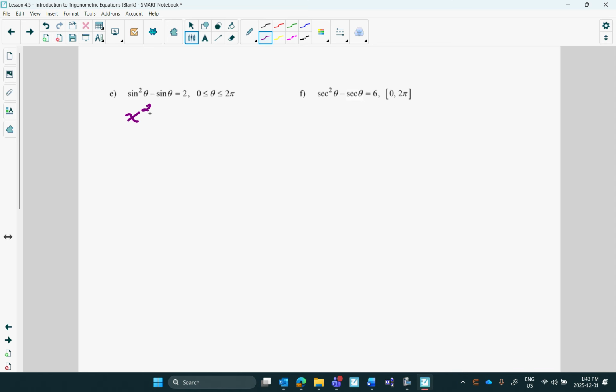Replace the sine theta with x squared. And I want you guys to go from there. At least get it down to factored and your 2 equations. Get it that far.